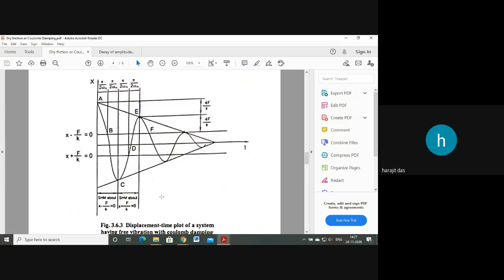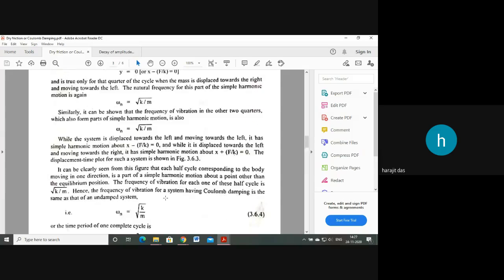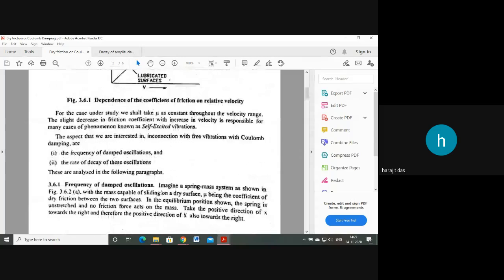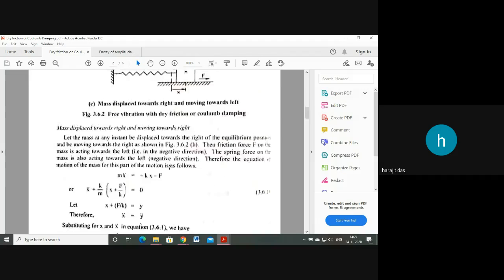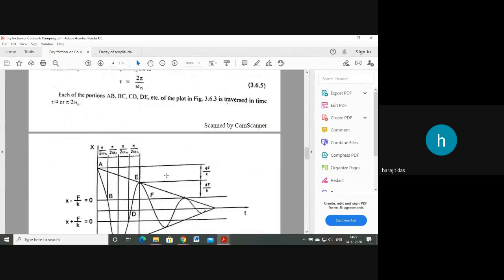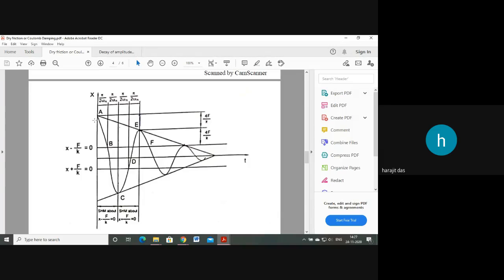So our first task is completed. In this dry friction or Coulomb damping, our first interest was to find the natural frequency or frequency of damped oscillation. We have found the frequency of each quarter cycle, and finally we have seen the graphical representation of the time displacement graph. We have seen that in each cycle the amplitude decreases a little.